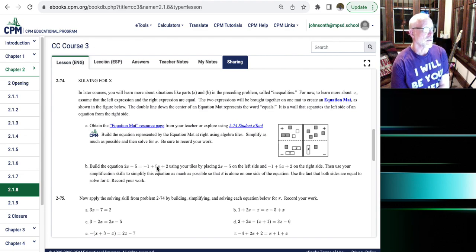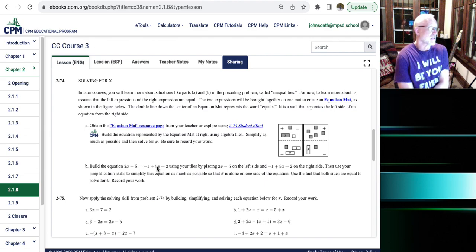From now, to learn more about x, assume that the left expression and the right expression are equal. The two expressions will be brought together on one mat to create an equation mat, as shown in the figure below. The double line down the center of an equation mat represents the word equals. It is a wall that separates the left side of an equation from the right side. Obtain the equation mat resources page from your teacher, or explore using the e-tool.